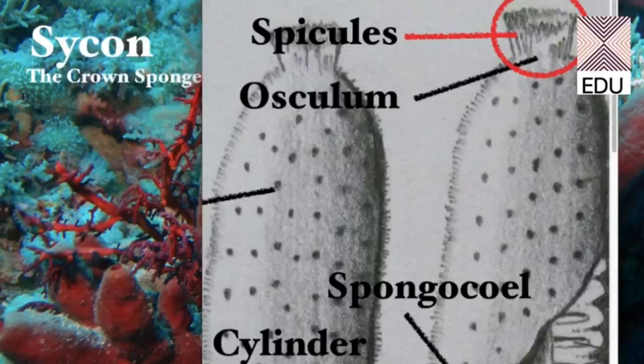So the osculum is protected by these thin, long, needle-like spicules. These spicules help to protect the Sycon. They form a crown-like structure over the Sycon. That's why Sycon is called the crown sponge. This is due to the presence of these spicules around the osculum.